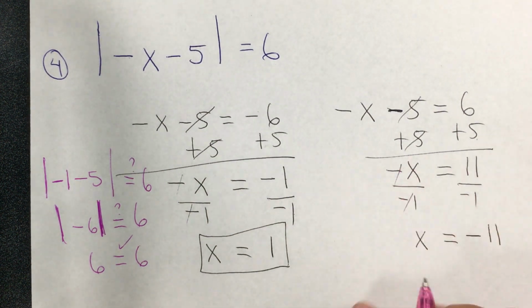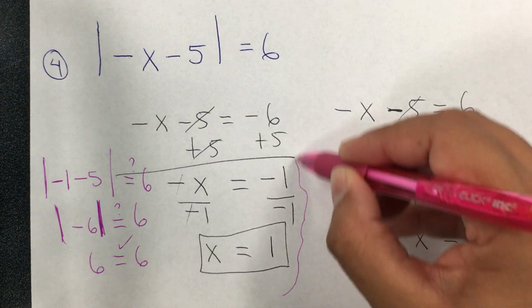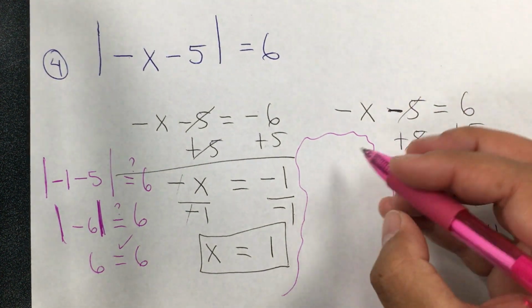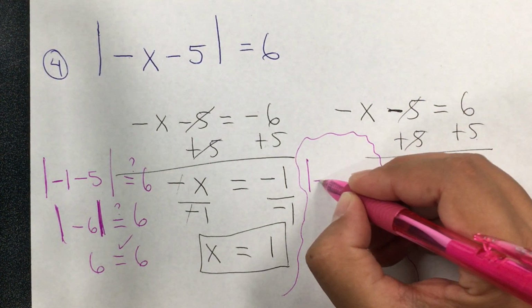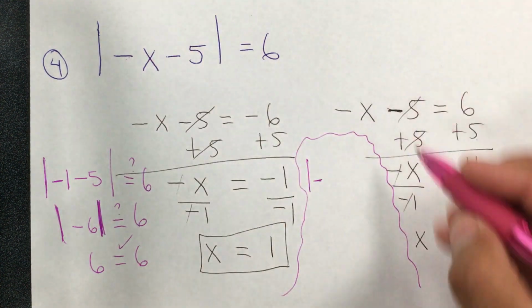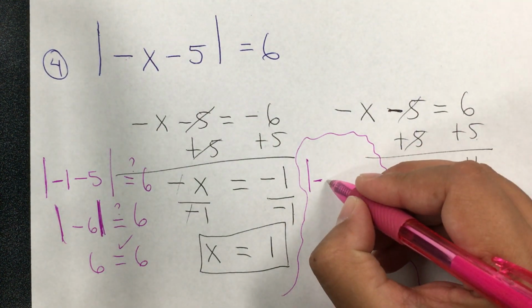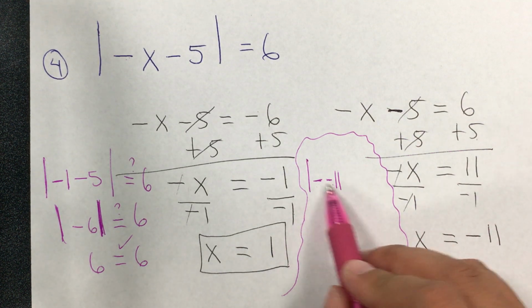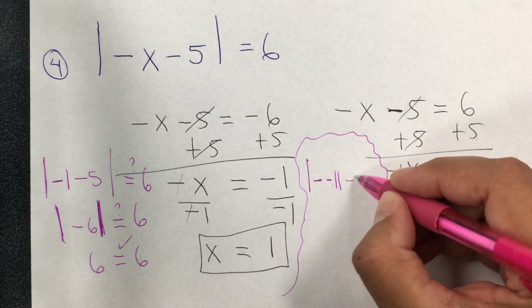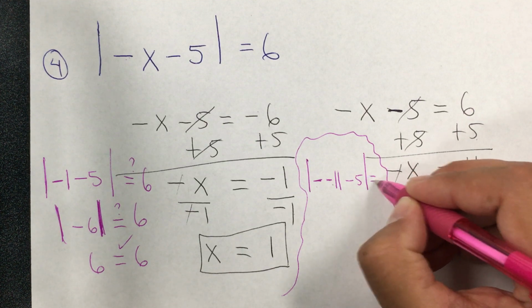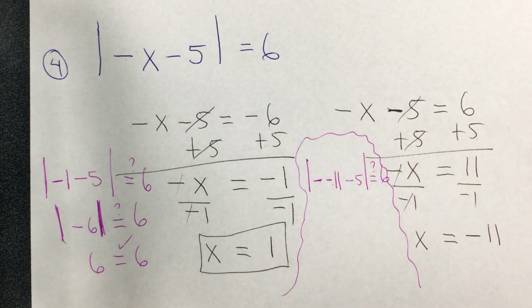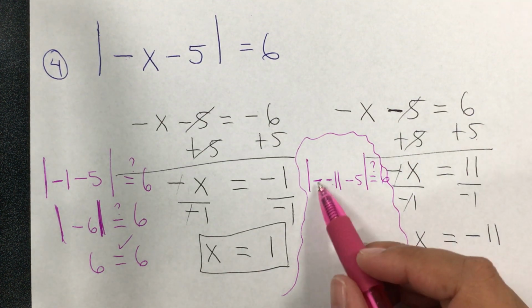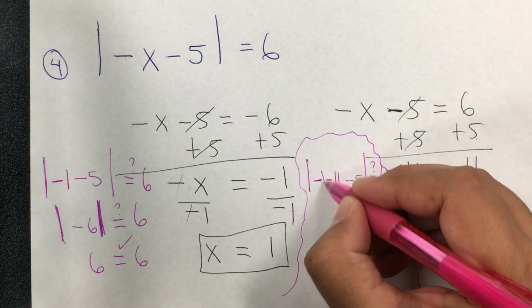I'm going to do the checkup since I'm using a different coloring here for the second one. And so we get, again, negative from here, negative 11 from here. So now you have two negatives, and then minus 5 inside of the absolute value. Is it equal to 6? Two negatives together make the big plus.